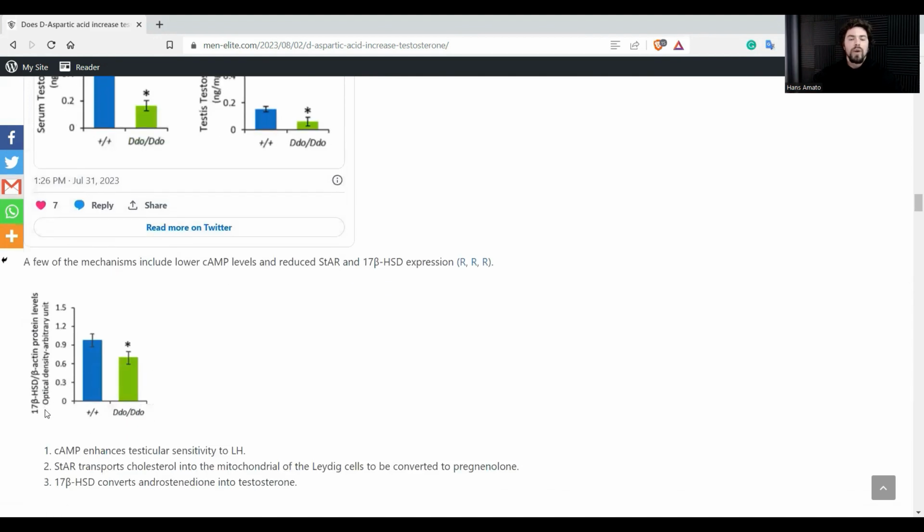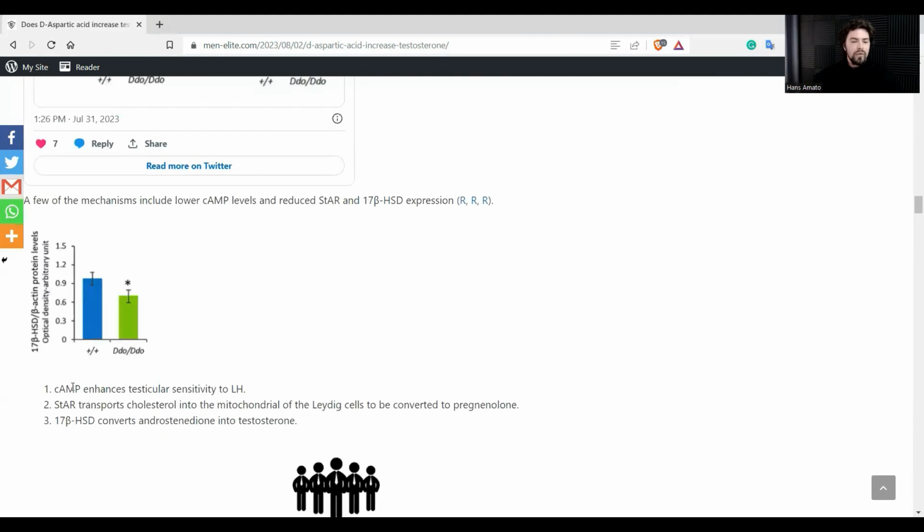One of the ways it works is by supporting the enzyme 17-beta hydroxysteroid dehydrogenase, which converts androstenedione into testosterone. Aspartic acid stimulates cAMP. In the pituitary it stimulates cyclic GMP, and in the testes it stimulates cyclic AMP.